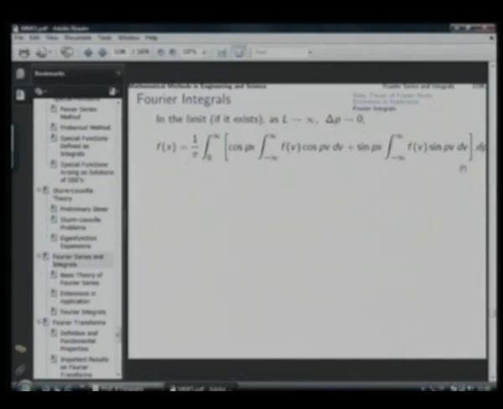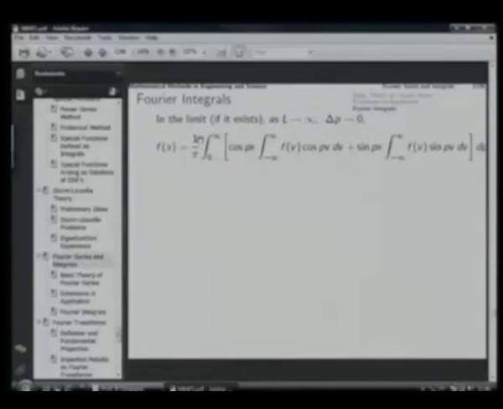So, this turns out to be not a sum of a large number of terms, not an infinite series, but an integral. In the limit, the Fourier series goes to Fourier integrals, and that is the way to represent aperiodic, non-periodic functions which are defined over the entire infinite interval, minus infinity to plus infinity, the entire real line.